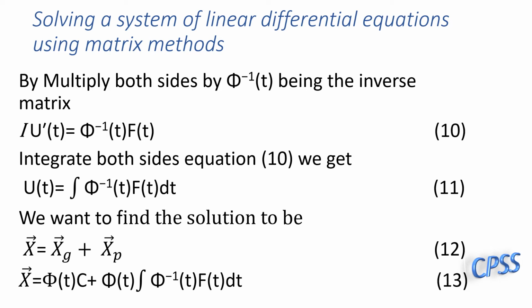So once you get that integral and calculate the integral, then you multiply the column vector by the 2 by 2 matrix, which is phi of t, and you get a column vector. So you can see that in equation 13 that you have a total solution, which is a column vector solution.